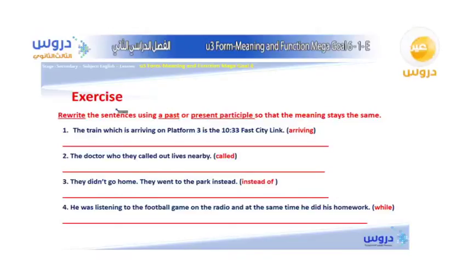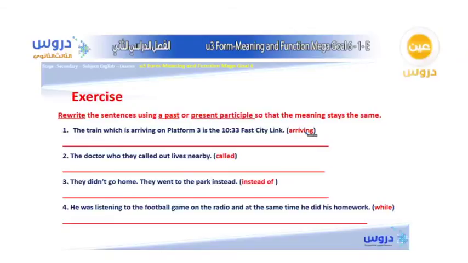Now we have this exercise. Rewrite the sentences using a past or present participle so that the meaning stays the same. Number 1: The train which is arriving on platform 3 is the 10:33 fast city link.